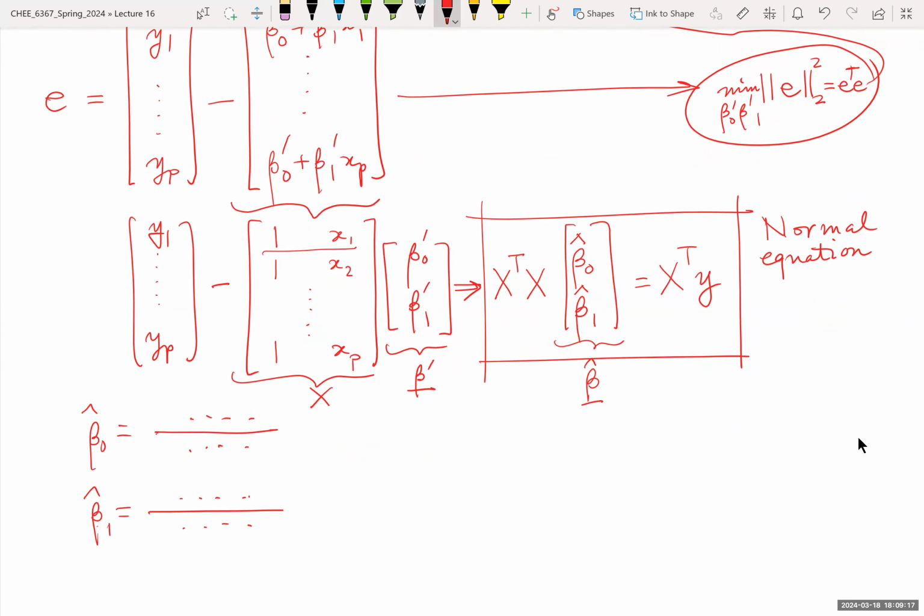But there is more to that. What you can get here in addition to this is the variance of this estimator beta hat, or I have it in the notes as theta hat in general. What is the variance of an estimator?